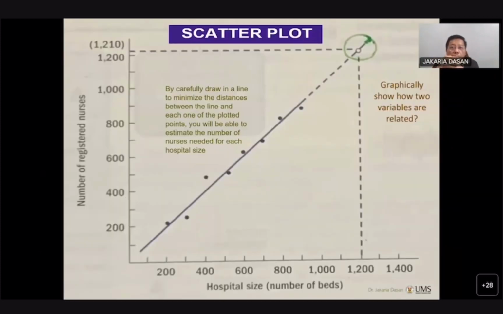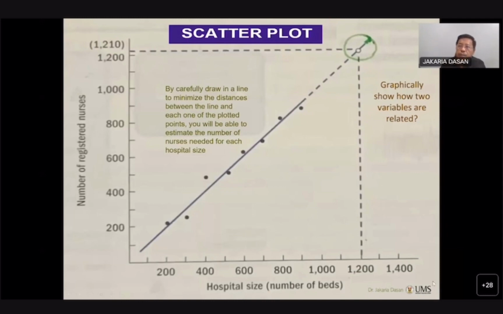So this is the outcome of a scatter plot. If you look at the graph there, this is the straight line, and this is the number of registered nurses, and this is the number of hospital beds.